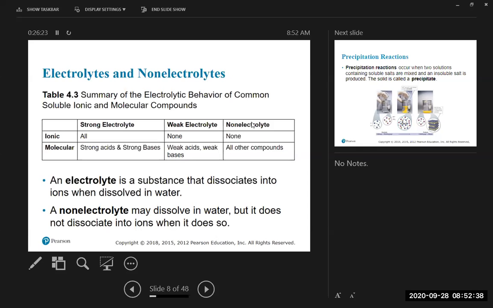So those are not electrolytes at all. Because remember, once again, an electrolyte, when you put it into water, has to form ions. If it doesn't form ions, if all it does is dissolve, then it's not an electrolyte, it's a non-electrolyte. So it's that dissociation into ions that makes something an electrolyte.